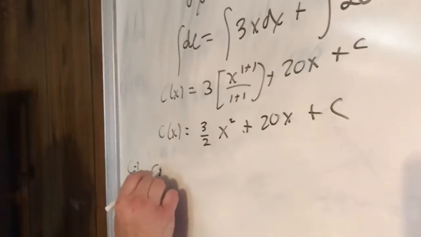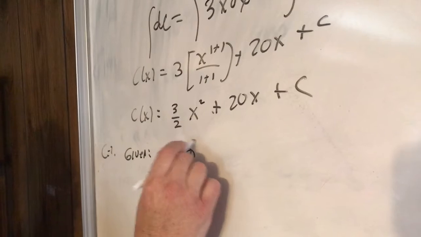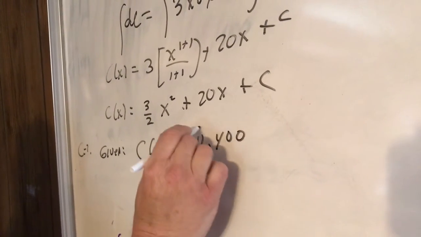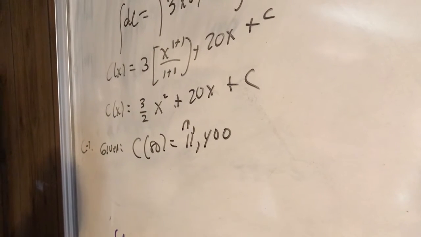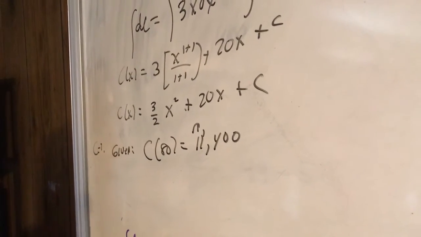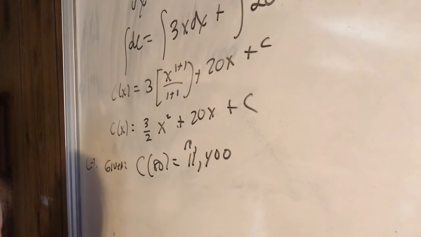Well, we're given when x equals 80, this is 11,400. So what I'm going to do is substitute that 80 into the equation.